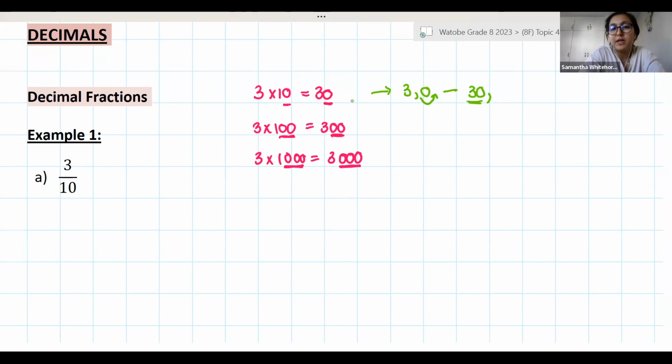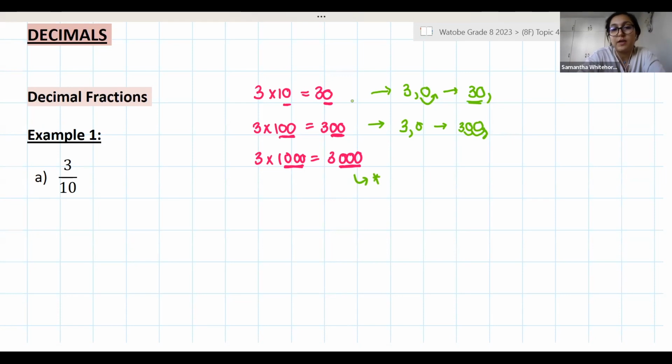The same's happening here for the 3 times 100. My decimal point was originally straight after the 3. Now when we times it by 100, it moved 2 places to be after the 300. So every time I'm multiplying by 10, I'm moving my decimal to the right-hand side.